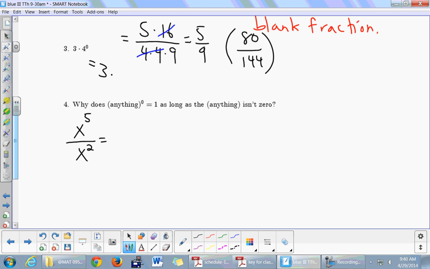What's my advice here? You see x to the 5th, what can we write? 5 x's. So we'll get rid of 2 of both. And we're left with x to the third.